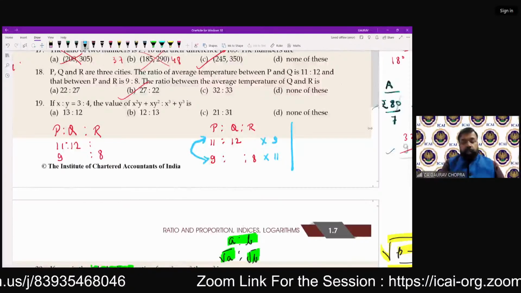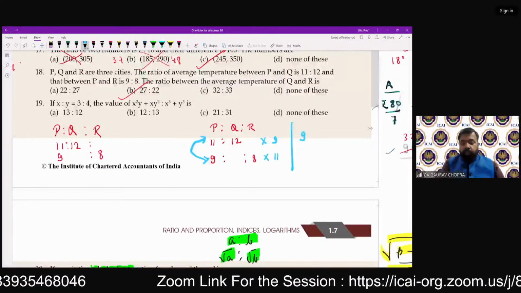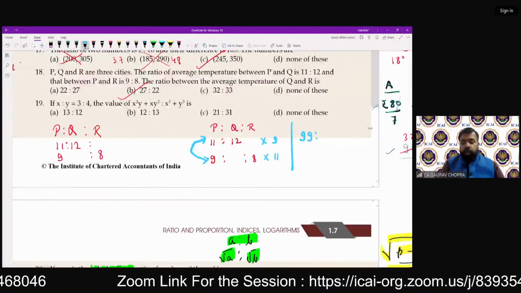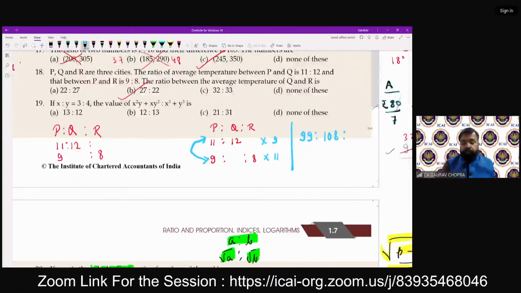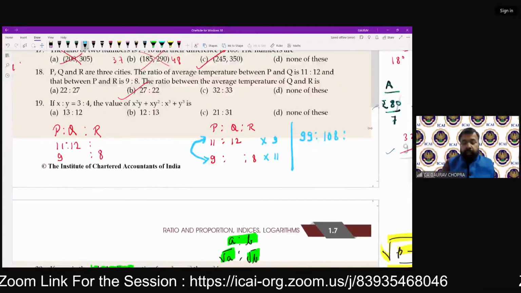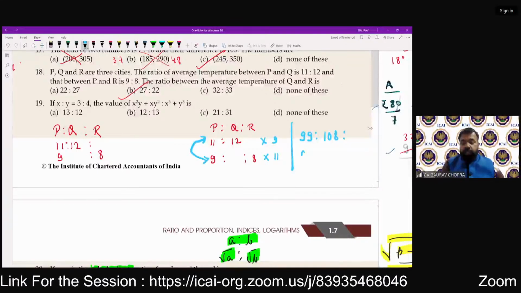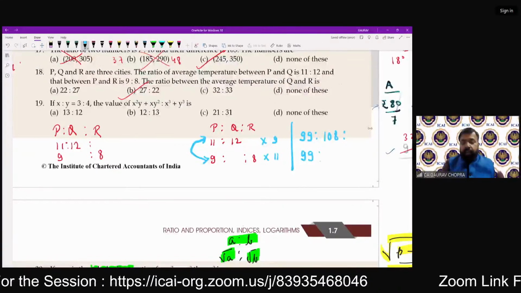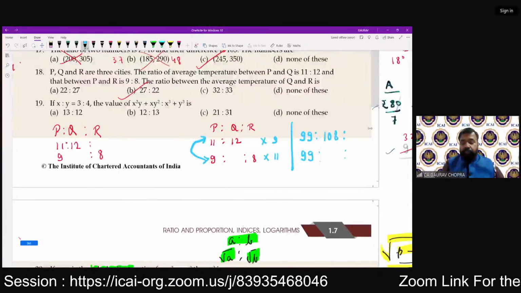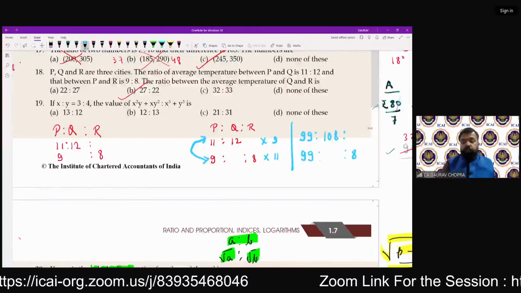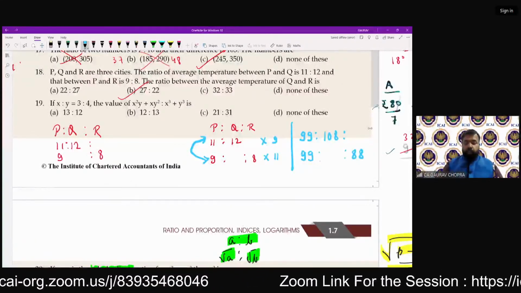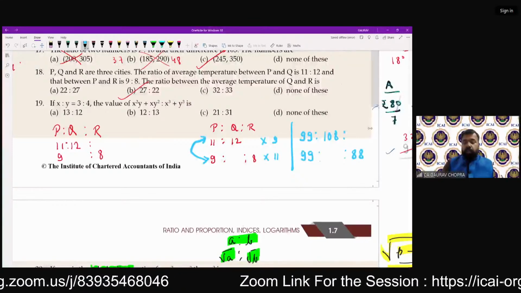11 into 9 becomes 99 and 12 into 9 becomes 108. On the other side, 9 into 11 is again 99 and 8 into 11 becomes 88.